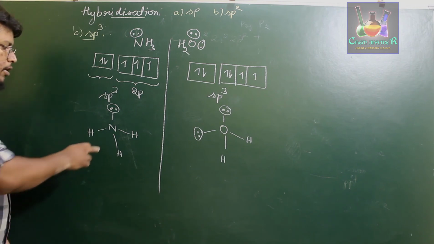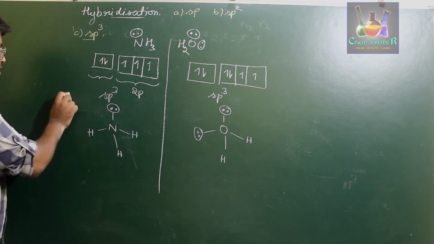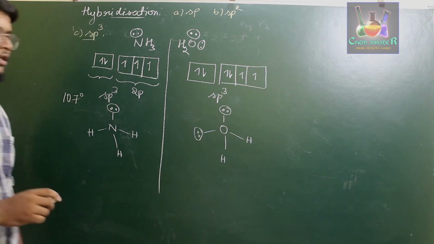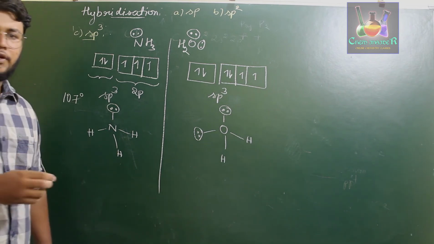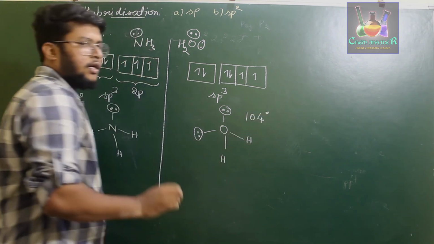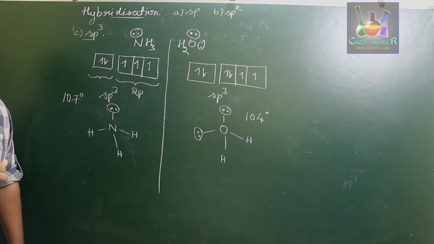That is, the bond angle of hydrogen-nitrogen-hydrogen in ammonia is 107 degrees, whereas the bond angle of hydrogen-oxygen-hydrogen is 104 degrees, which is clearly less than the bond angle of tetrahedral methane.